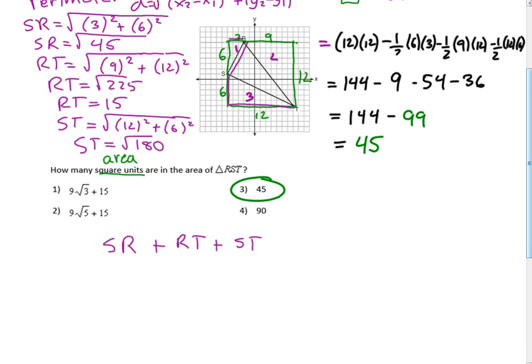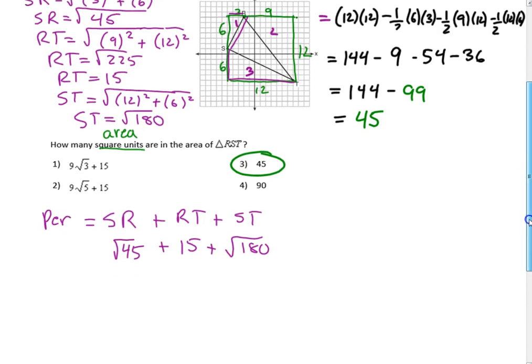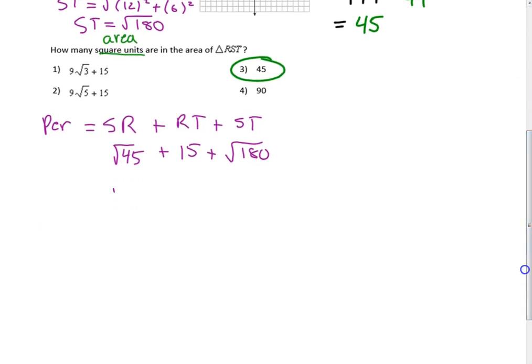And obviously both answers 1 and 2 are there. So let's see if this one simplifies down to equal the perimeter. Square root of 45 plus 15 plus the square root of 180. We have to put these in simplest radical form. Well, 9 goes into 45 5 times. 180, I believe, is divisible by 36. If we do 180 divided by 36, you get 5.